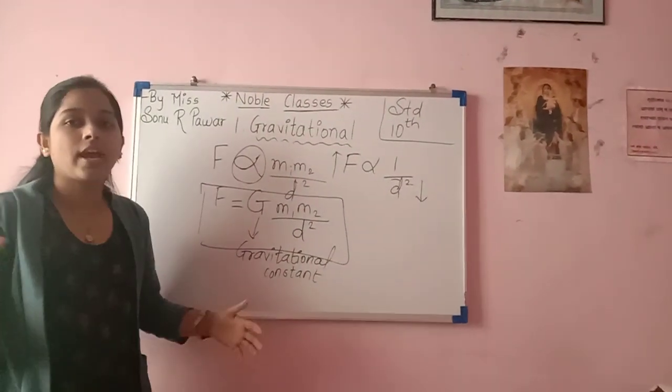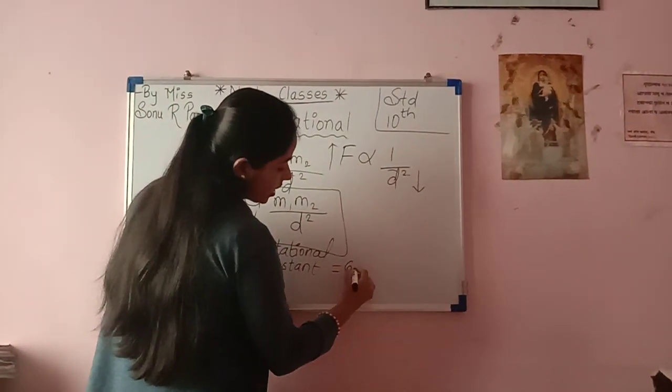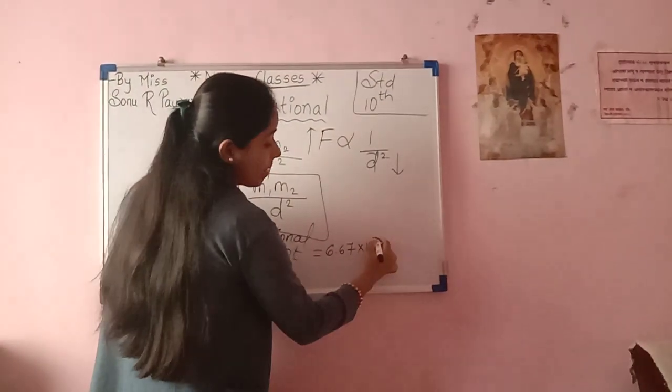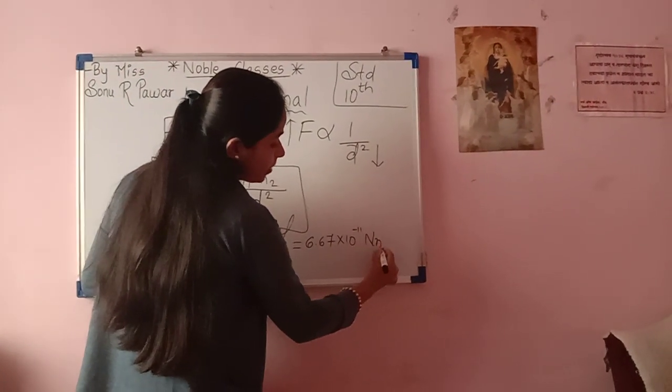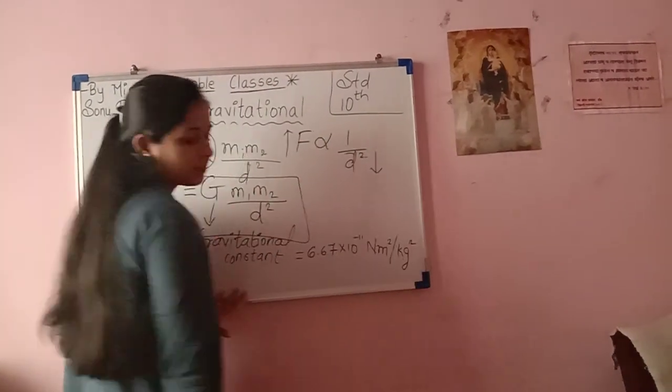You do not need to calculate the gravitational constant. It is always given, and its value is 6.67 into 10 raised to minus 11 Newton meter square upon kg square.